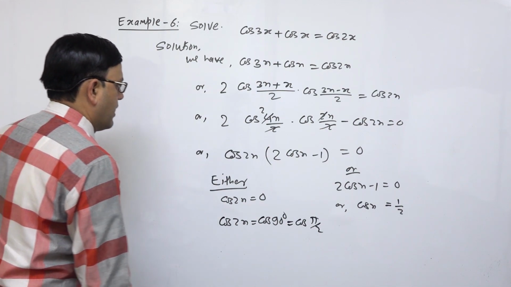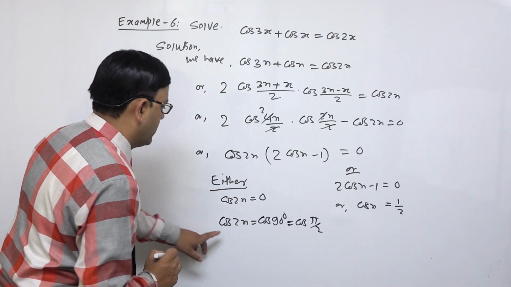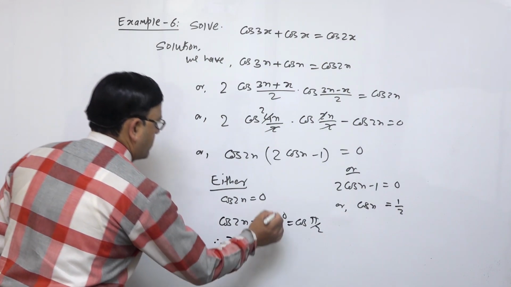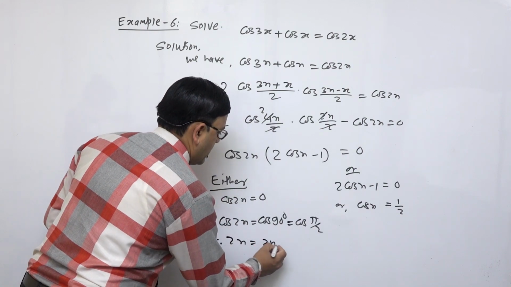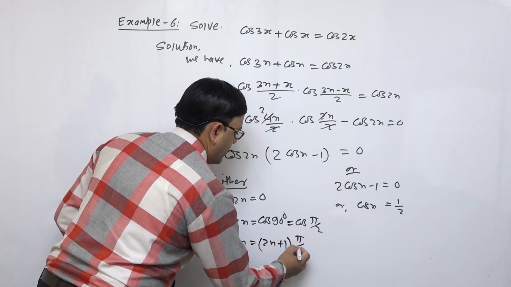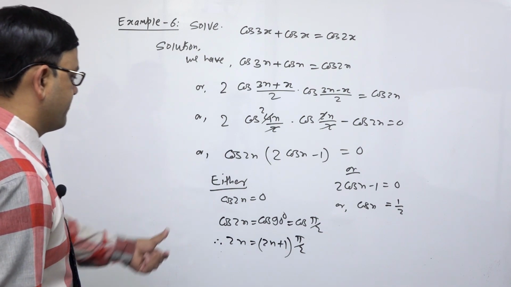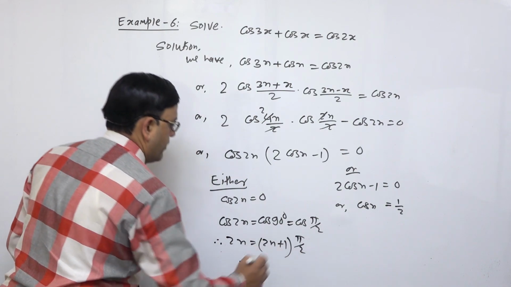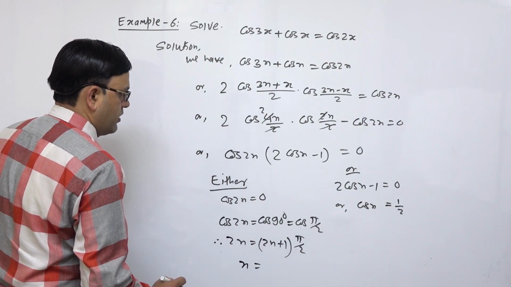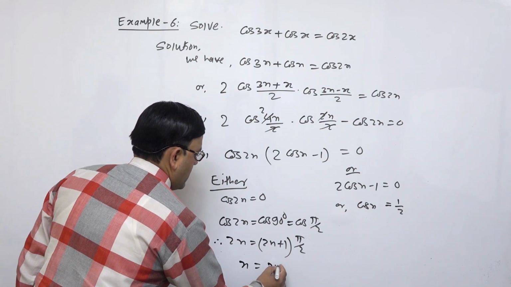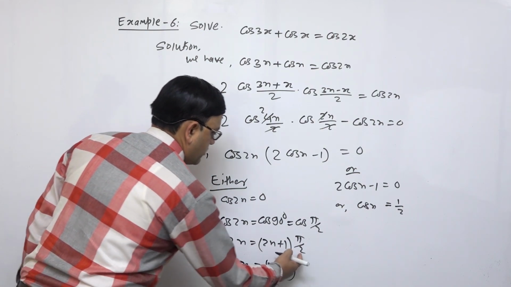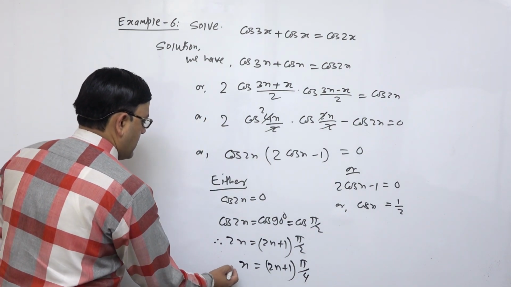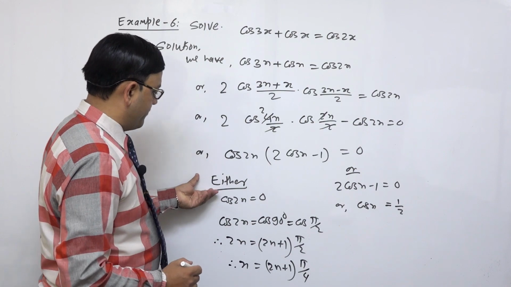So we can write 2x is equal to (2n plus 1) times pi by 2. We can set up in this form. Now x is equal to (2n plus 1) pi by 4. This is the required answer of this case.